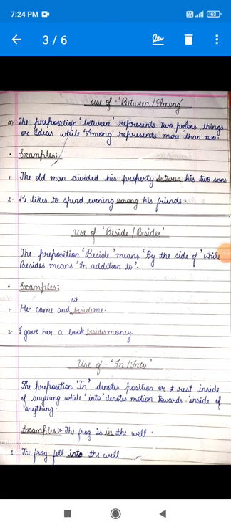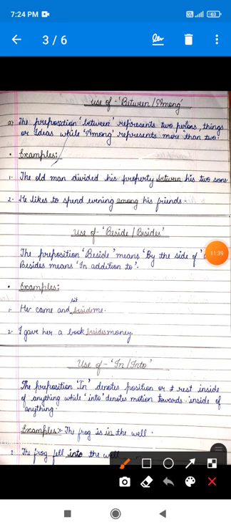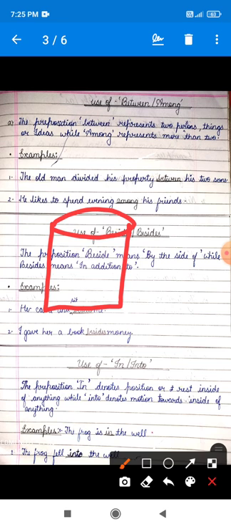While into denotes motion towards inside of anything, okay dear. While into denotes motion towards inside of anything, okay, suppose that this is a well, okay, and this is a blind man. What kind of man? Blind man.